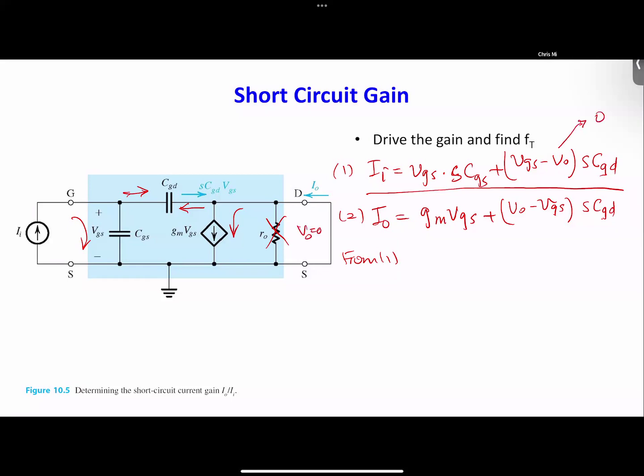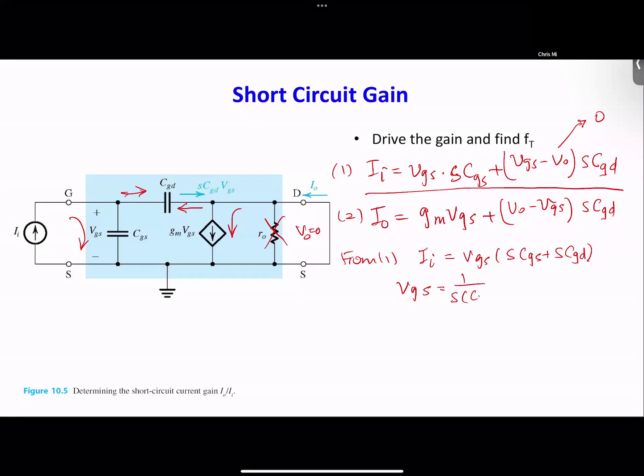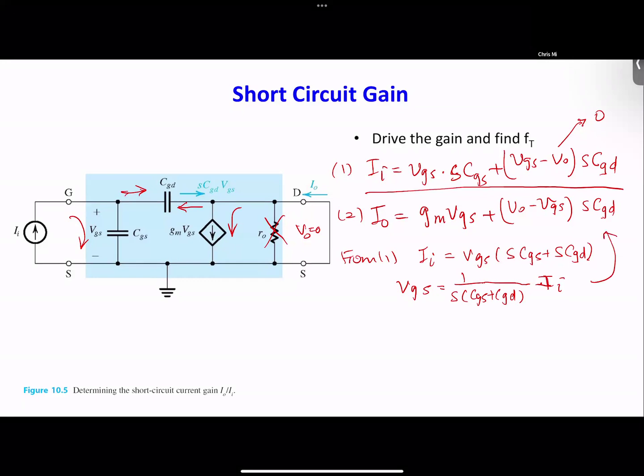So from 1 we have II equal to VGS times s(CGS plus CGD). Therefore, VGS is equal to 1 over s(CGS plus CGD) times II. So we got this one, and now we plug it into equation 2.